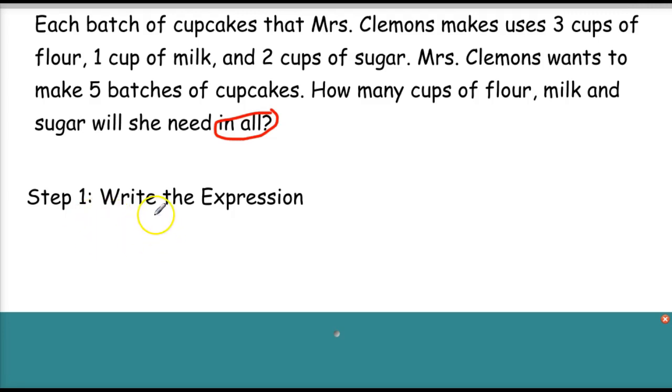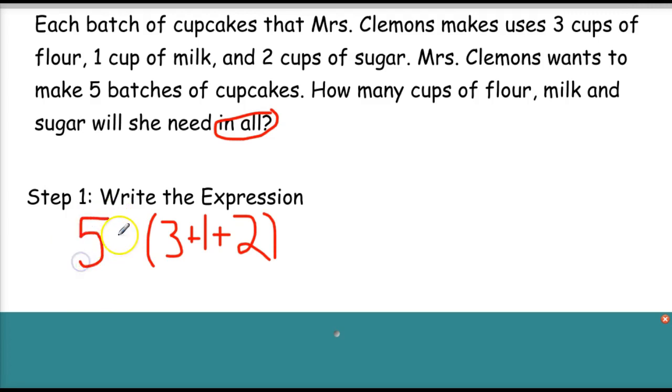So that would be 3 plus 1 plus 2. Okay? So I'm going to add those all together, but now my next step is to multiply that times 5 because I'm going to need all those ingredients 5 times over for my 5 batches of cupcakes. So I'm going to multiply 5 times 3 plus 1 plus 2.